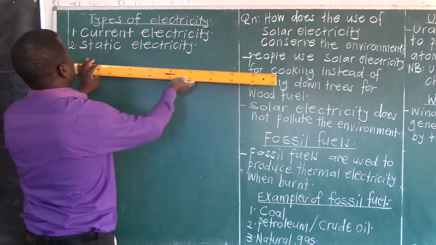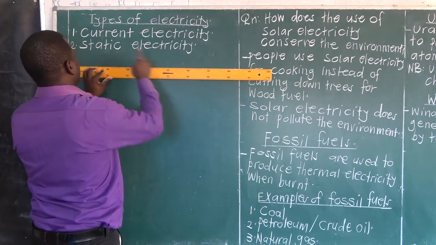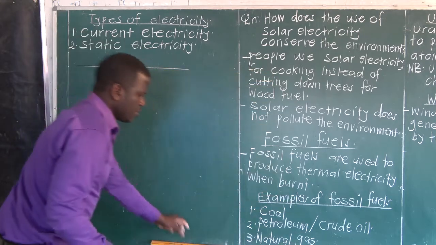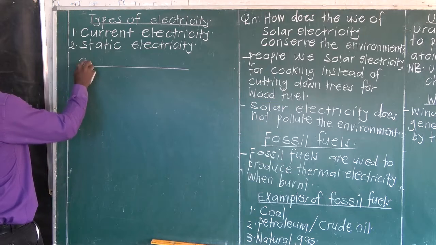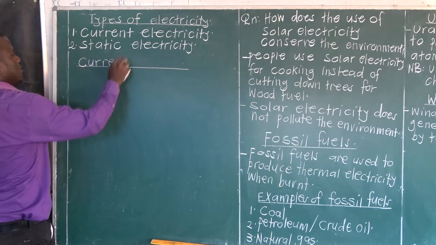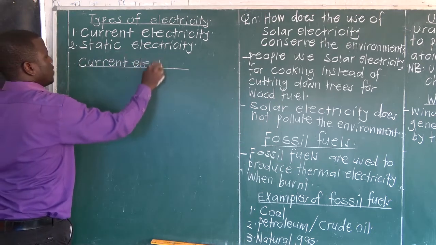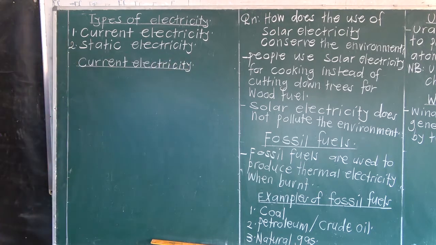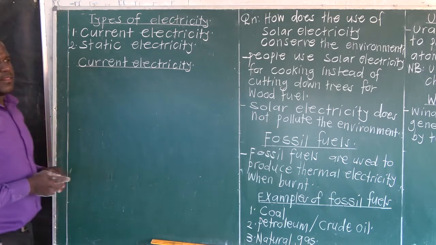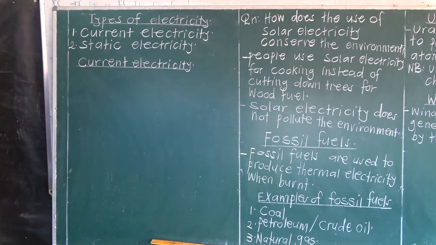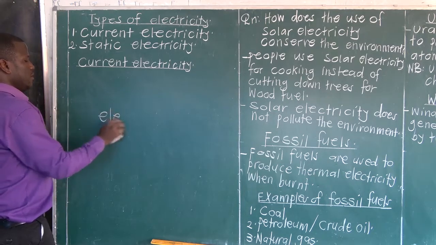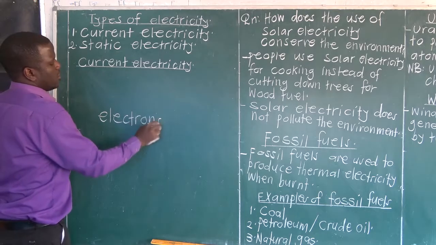Let's begin with current electricity. You need to know what current electricity is. Current electricity is the type of electricity that involves the flow of electrons. The spelling of the word electrons is written like this: electrons.